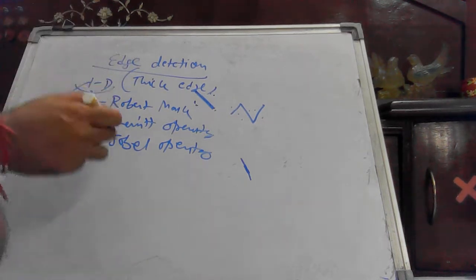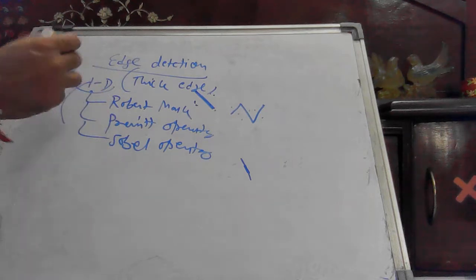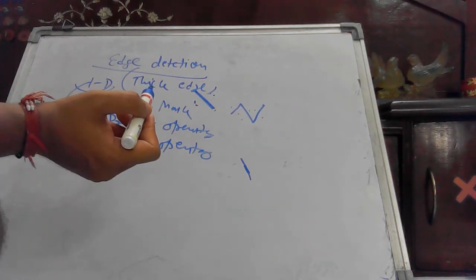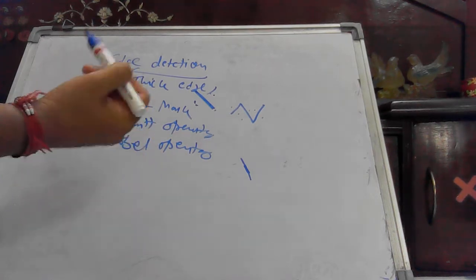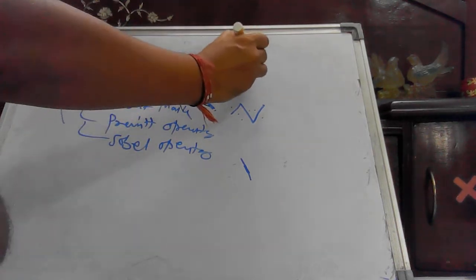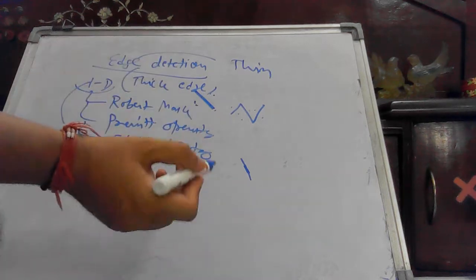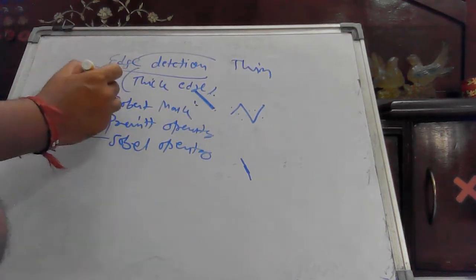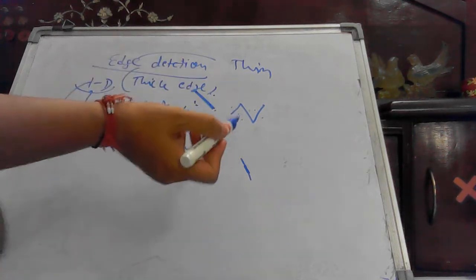So if thick edges are there, these are the three popular operators or masks we know. But if the edge is thin in nature, then one dimension filters cannot detect the thin edges.